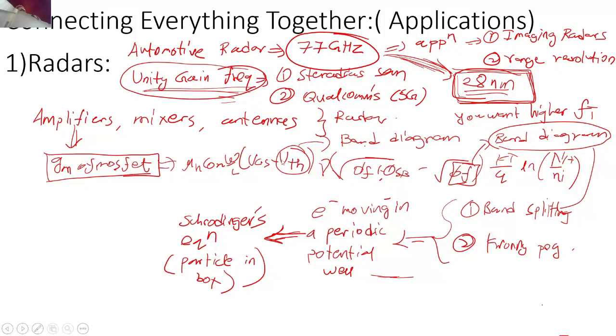From the threshold voltage, which is embedded inside the current equation of the MOSFET, you got the GM of the MOSFET. Which is helping you design the amplifiers and other circuits sitting inside your radars, which are designed at this 28 nanometer technology node, which is chosen for a particular frequency of 77 gigahertz, right?